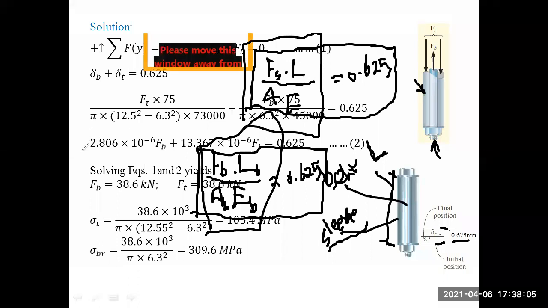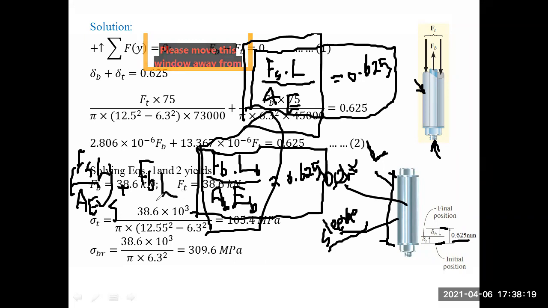So you take both. That means F_S L over AE, of course the whole thing is for the sleeve, and you add it to F of the bolt times L over AE, again everything in this term is for the bolt, and equate it to 0.625.